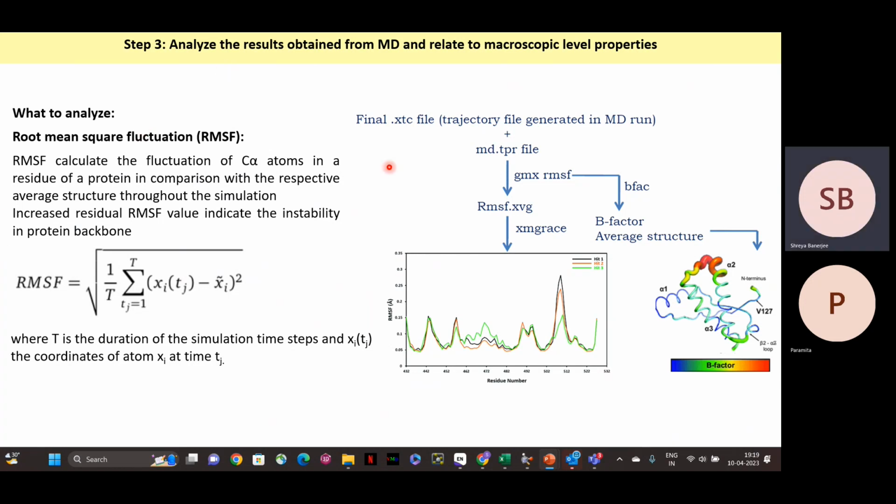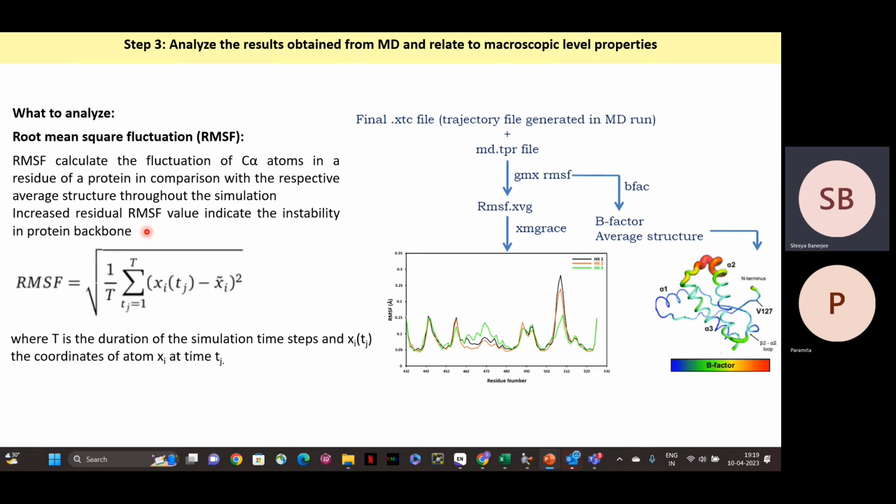The next macroscopic property is called root mean square fluctuation, or RMSF. RMSF calculates the fluctuation of C alpha atoms in a residue of a protein in comparison with the respective average structure throughout the simulation.